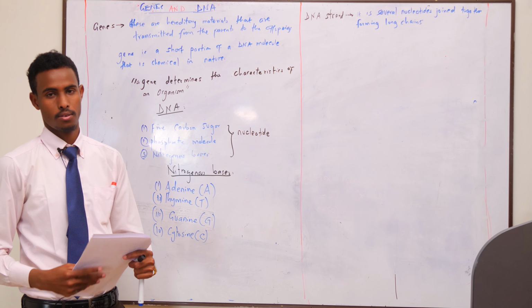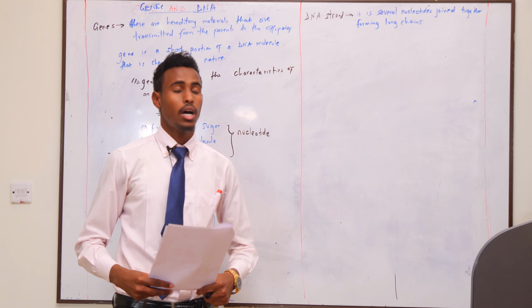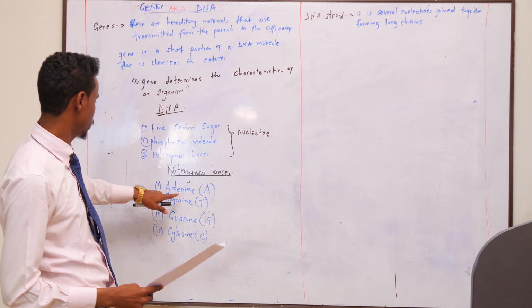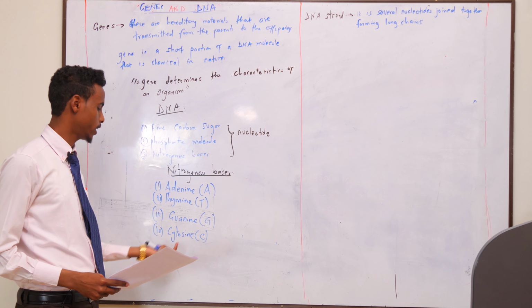Along the length of a DNA strand, we have the following bases: the adenine, thymine, guanine, and cytosine.